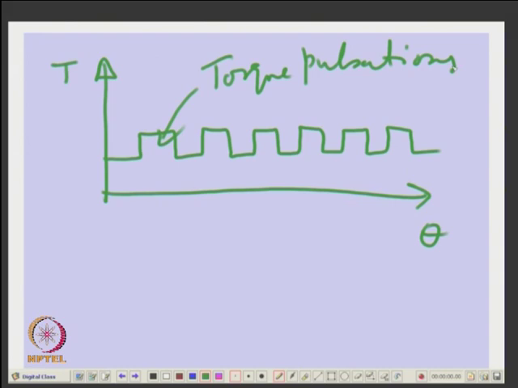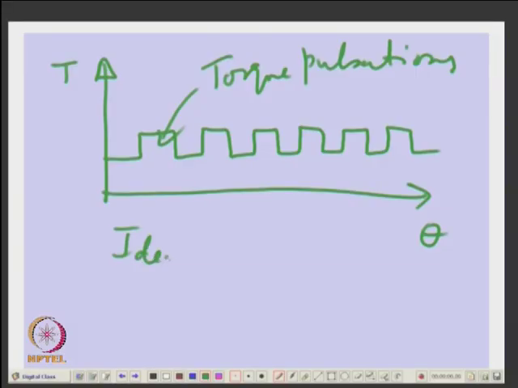So, ideally what you should do is you make sure there is no overlap. Ideally, if you want to have pure positive steady torque, constant torque, what you should do? You should have no overlap. Is it clear?